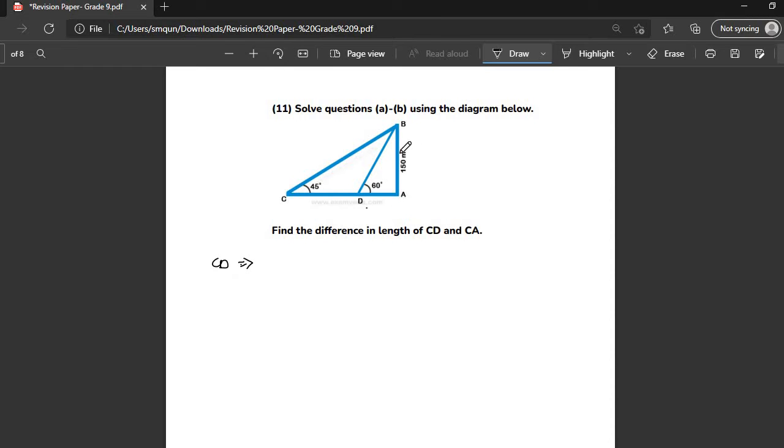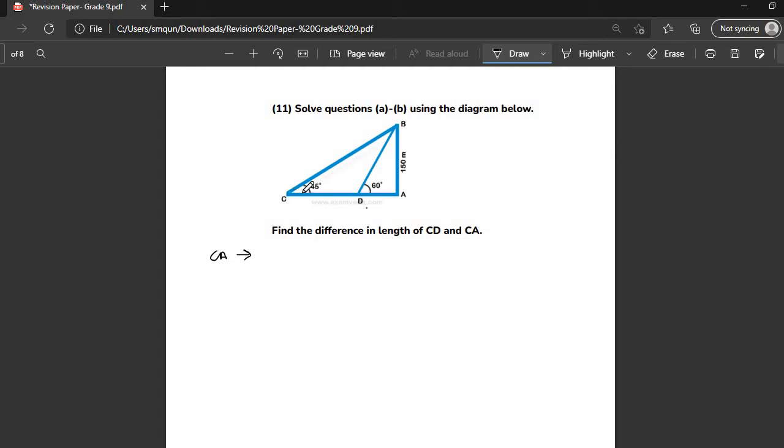Now in this triangle, we're given this side, and we're asked to find CD and CA. So if I want to find CA, sorry, this should have been CA.